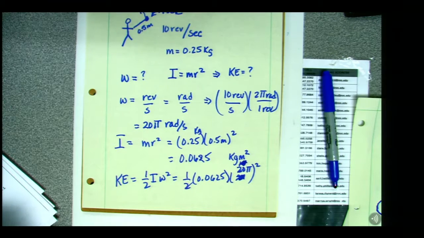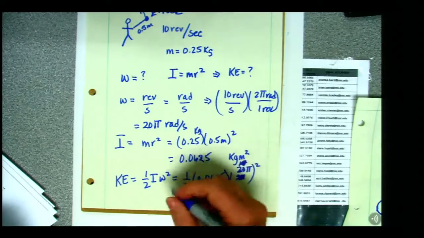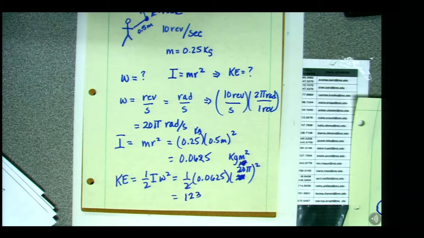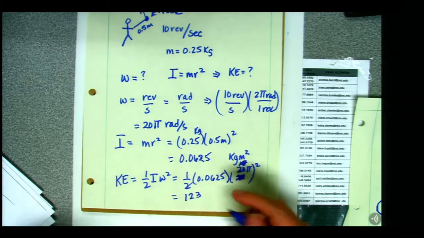20 times pi, and we want to square that. Times 0.0625, divided by 2 gives me 123 joules.